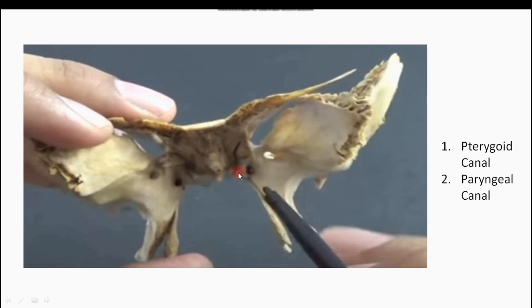And just medial to this pterygoid canal, anteromedial to this, here we see the pharyngeal canal. This pharyngeal canal communicates the pterygopalatine fossa to the nasopharynx.